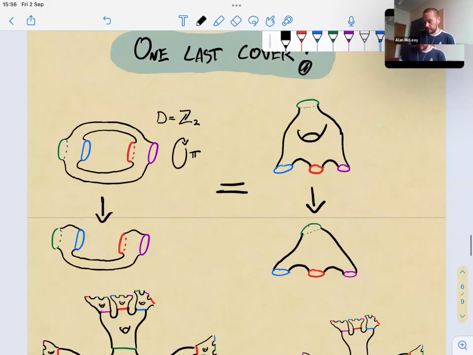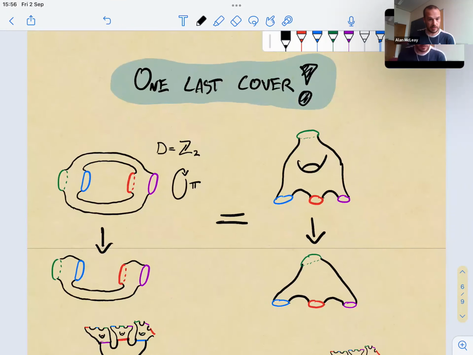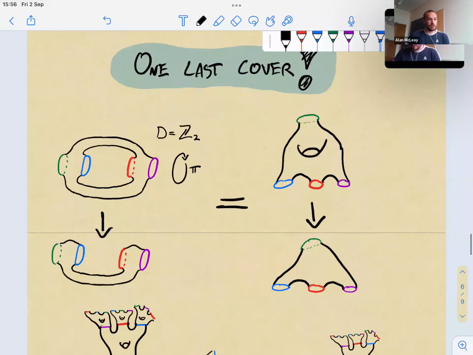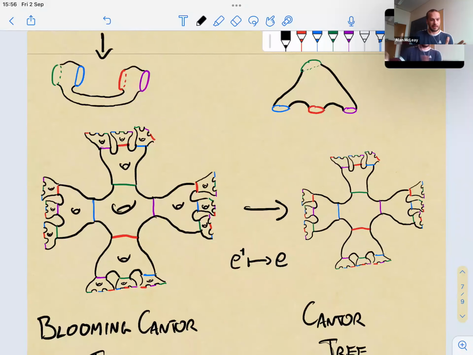And I'm just going to show one last cover. This is one I showed at the start, this surface of genus covering a surface without genus. And I'm just going to glue infinitely many of these together in infinitely many directions. So the skeleton of each of these surfaces is like a 4-valent tree. At every vertex, I'm just gluing a cover, basically.